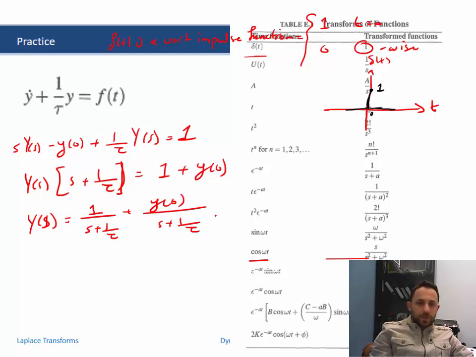Great. So here you end up finding the Laplace transform of the first order differential equation.